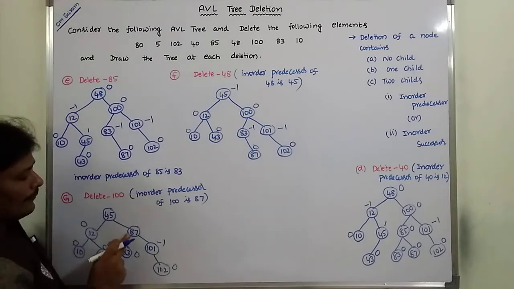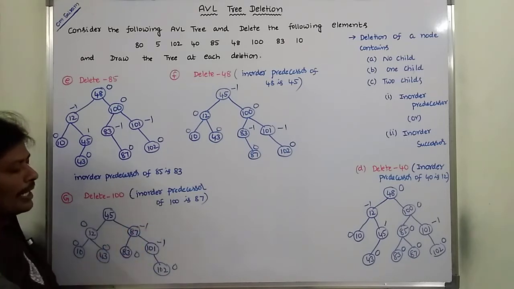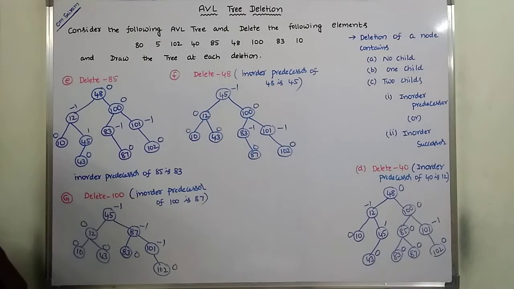For this node, left subtree height is 1 and right subtree height is 2, 1 minus 2, that is -1. Next, for this node, left subtree height is 2, right subtree height is 3, so 2 minus 3, that is -1. So all the nodes have the balance factor 0 or -1. So these are the valid balance factors. Hence we can say that it is an AVL tree.